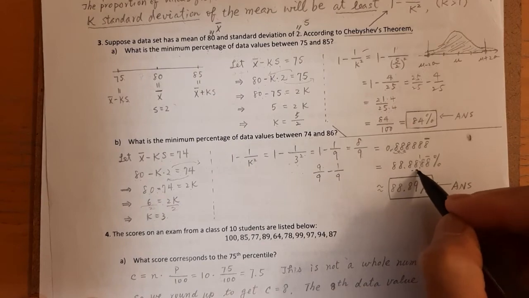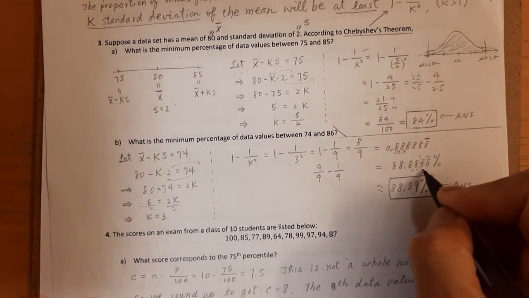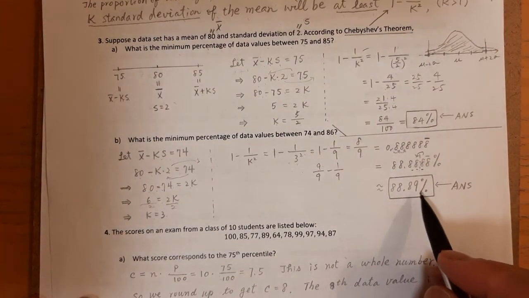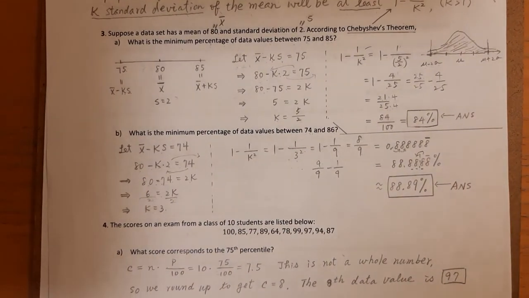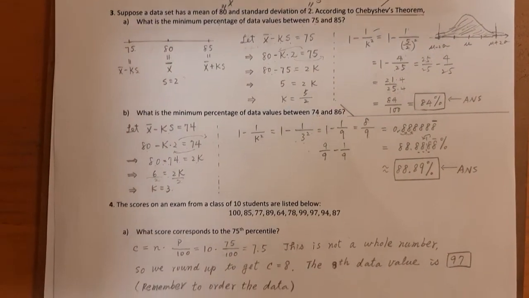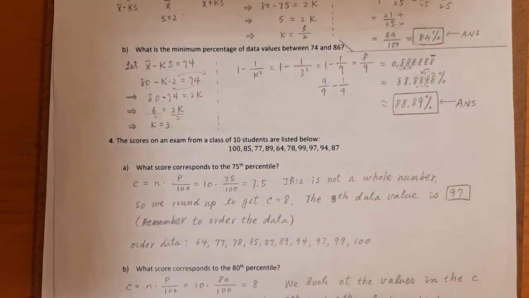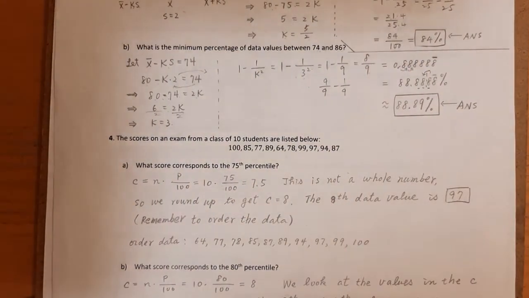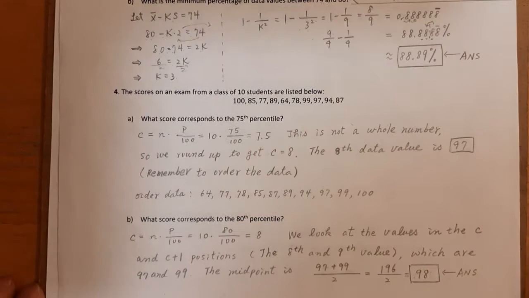Looking at the digit after the 2 decimals, 8, so round up. So get 88.89%. That's Chebyshev's theorem. Formula: 1 minus 1 over k squared. Question 4. Next question.